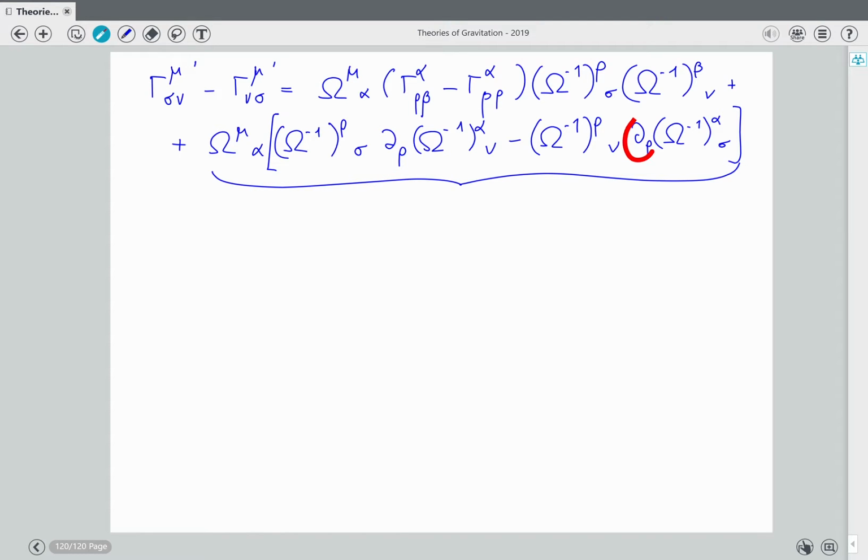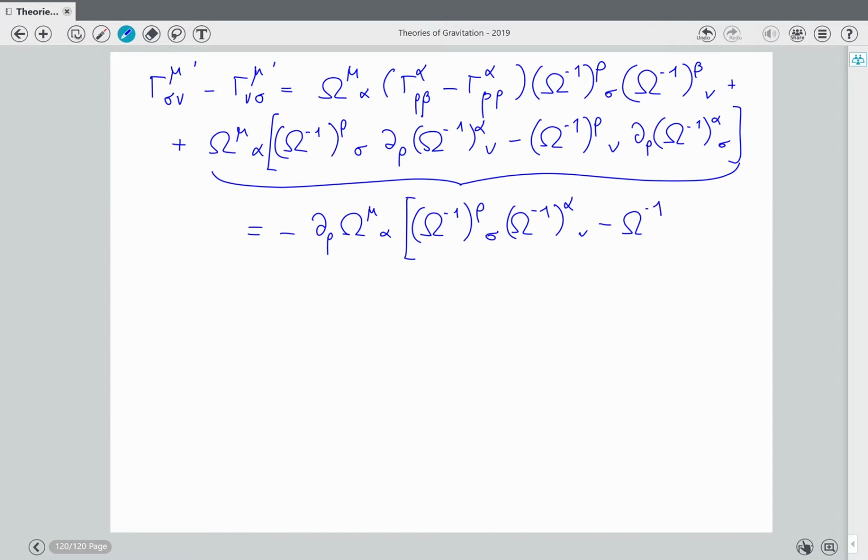But the same thing here, because here also it's contracted alpha alpha, so you can in both cases move partial rho on that. And what you remain with is something simpler.